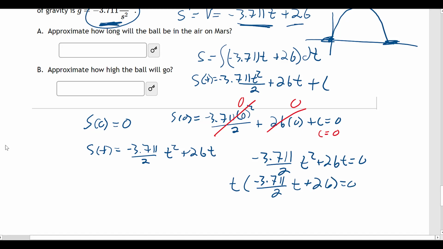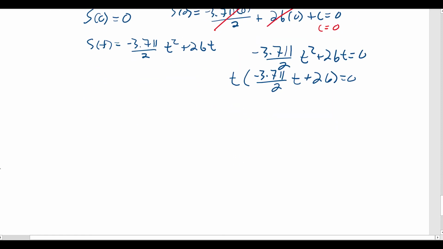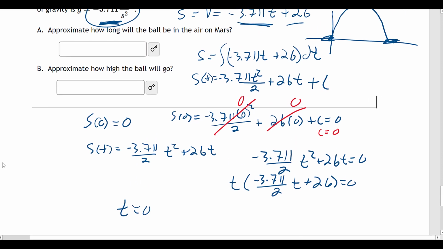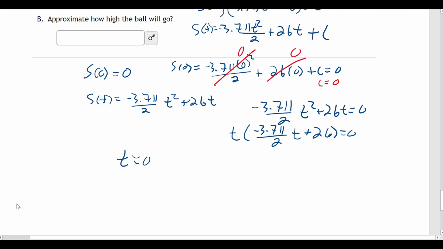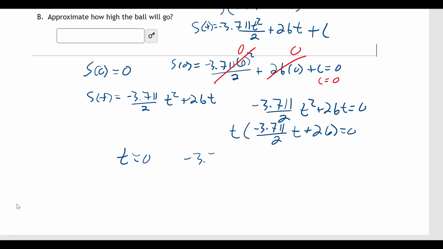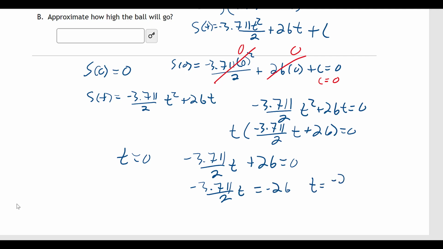You probably see where I'm going with this. We have t equals 0, and that makes sense. That's the initial time, when this starts. What's this other time? That's when negative 3.711 over 2 times t plus 26 equals 0. So negative 3.711 over 2 t equals negative 26, or t equals negative 26 over negative 3.711 over 2.